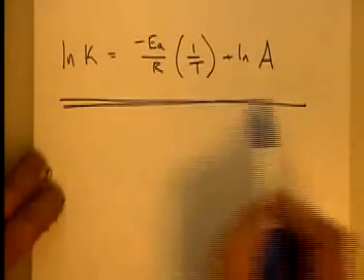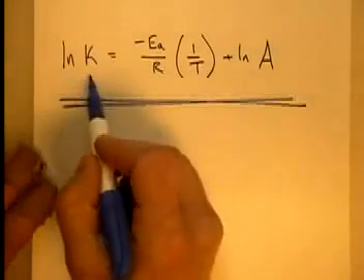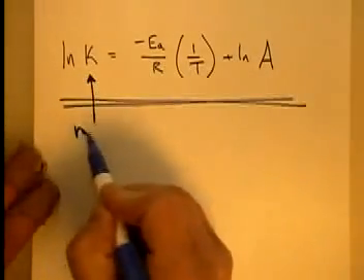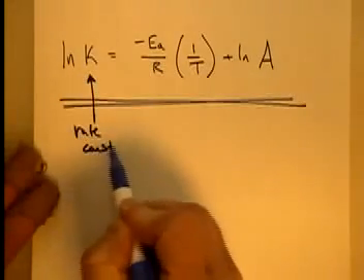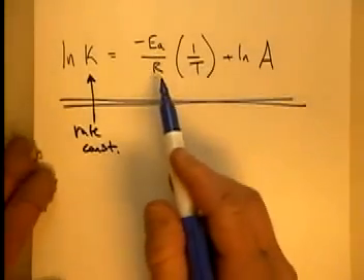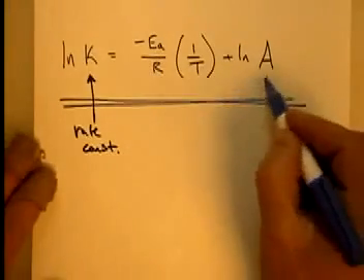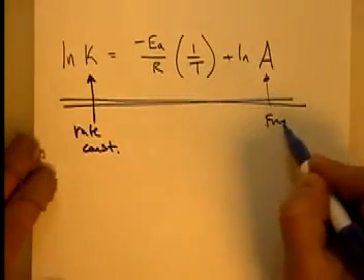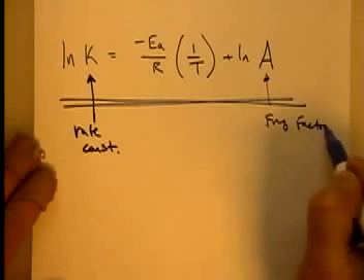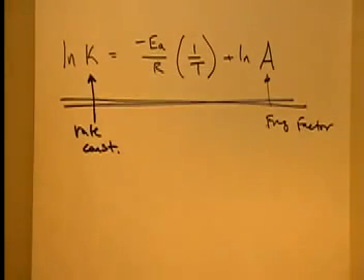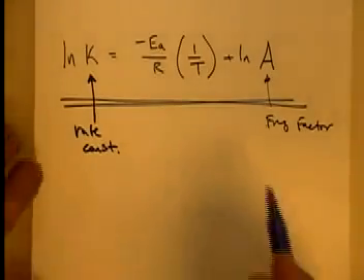In this equation, you can take the natural log of k, and remember this is the rate constant, and set it equal to something called the frequency factor, which takes into account how many effective collisions you will have in a particular reaction.